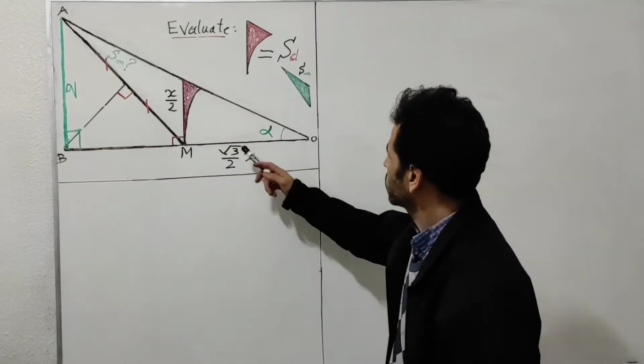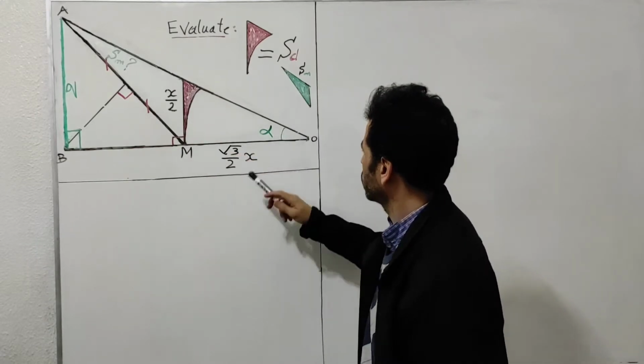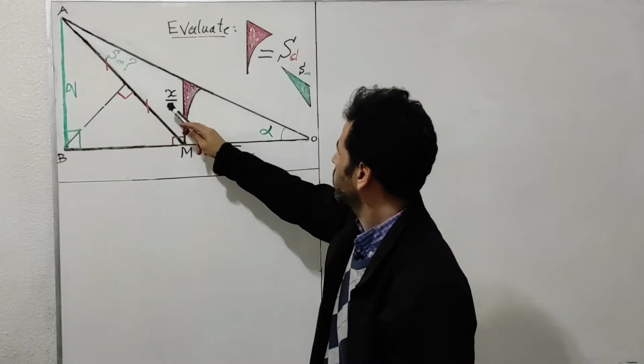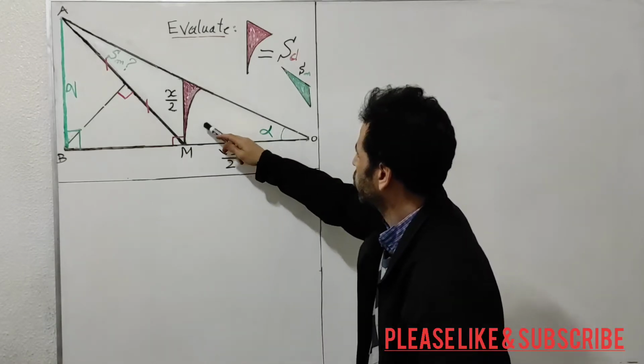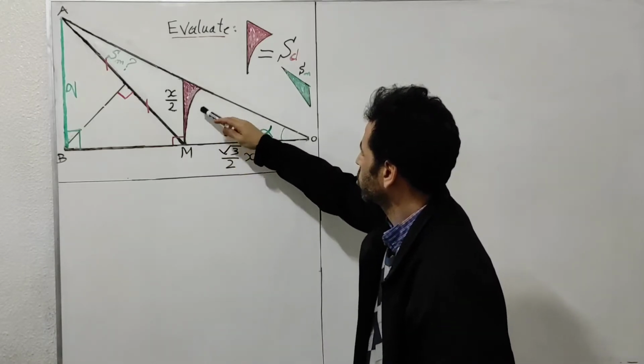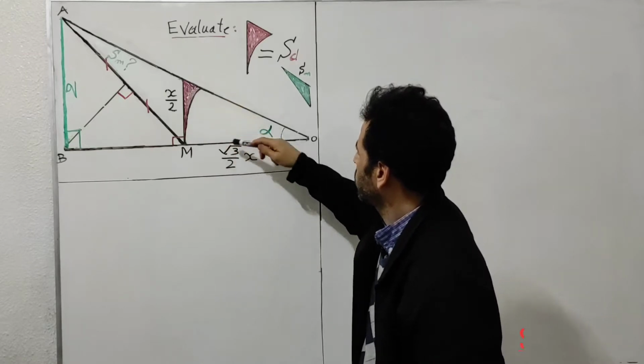First of all, before I start evaluating this area, I'm going to determine alpha and x. By calculating alpha, I'm going to apply the trigonometry formula. I'm going to apply the tangent alpha on this triangle.